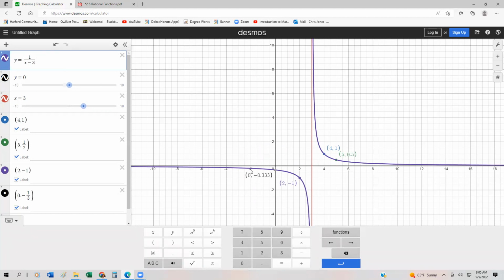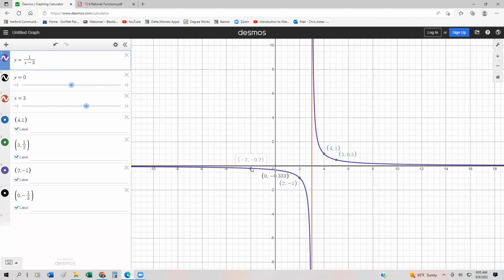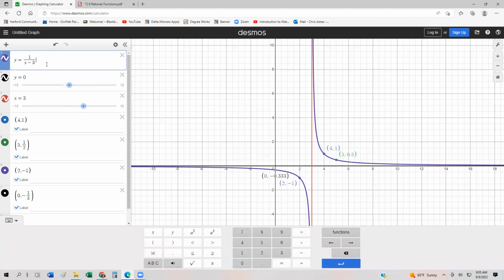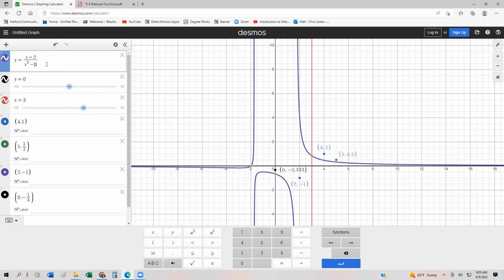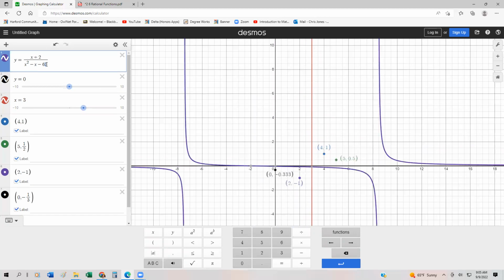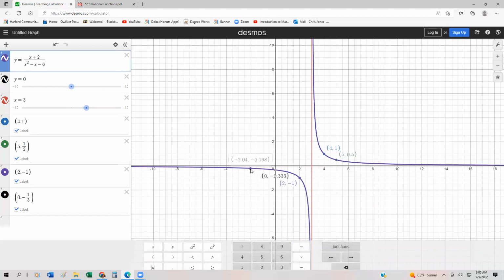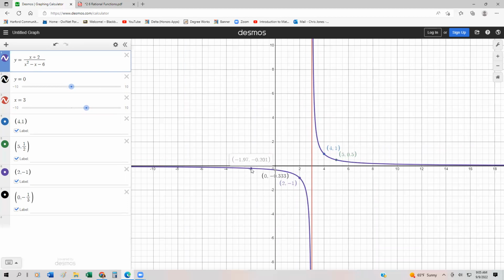However, remember we had that point -2, comma, -1/5. Well, now that point exists because it is in the domain of this function. Okay. But the original function that we had, which was x plus 2 over x squared minus x minus 6, notice that that point was not in the domain. Remember, it was undefined. Okay, so Desmos tells us it's undefined. Desmos wouldn't lie to us. All right, so excuse me.